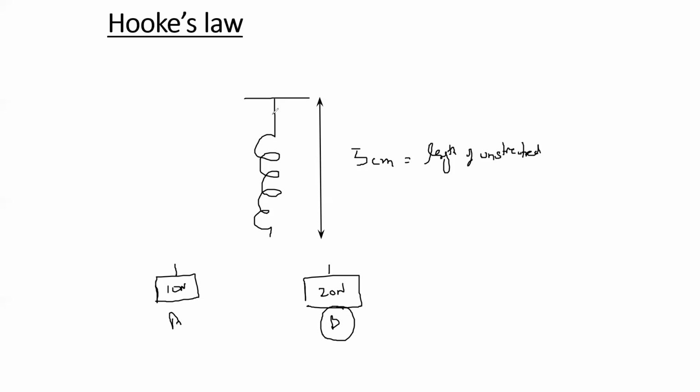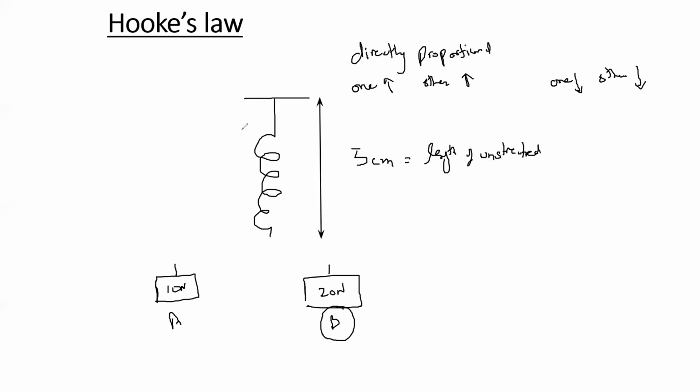Hooke's law states that if we apply a greater load or a greater weight or a greater force, the spring will have a greater extension. So load and extension are directly proportional. The term directly proportional means if we increase one quantity, the other will also increase, and if we decrease one quantity, the other will also decrease.